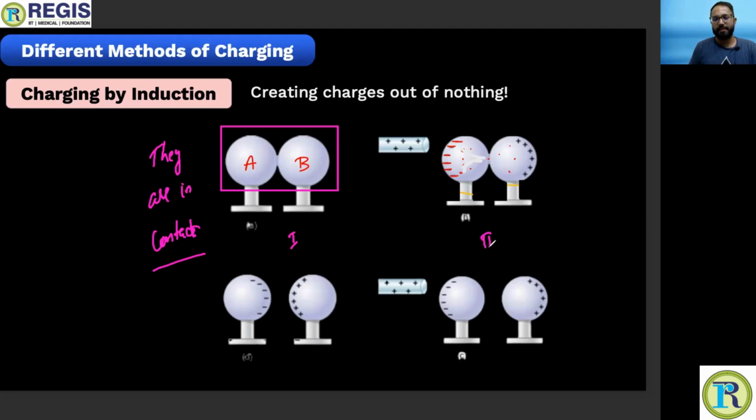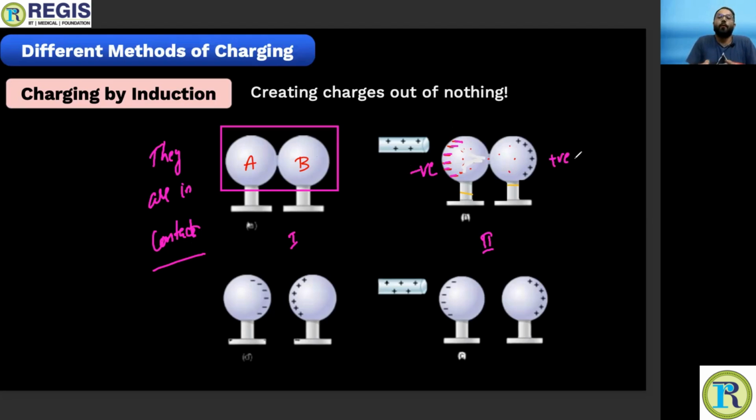In the second stage, we place a positively charged rod near this combination. Negative electrons will be attracted towards it, so there is a negative side and a positive side.